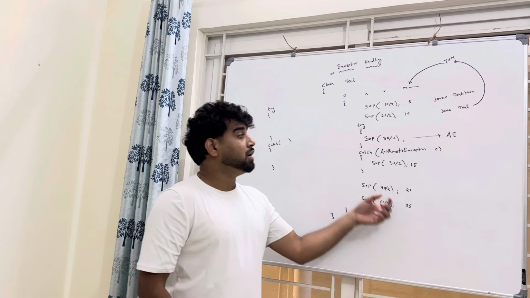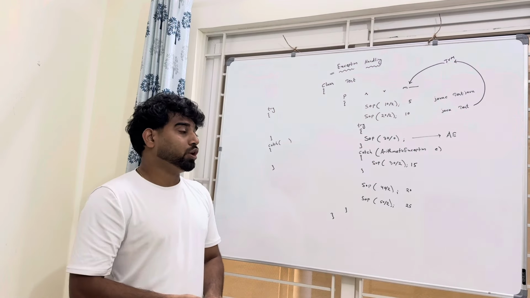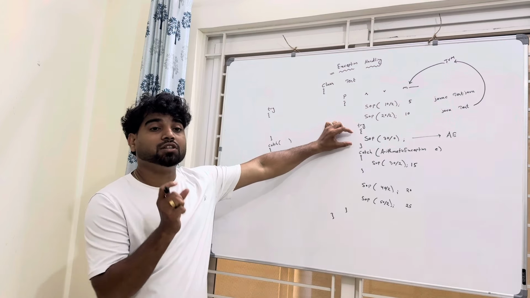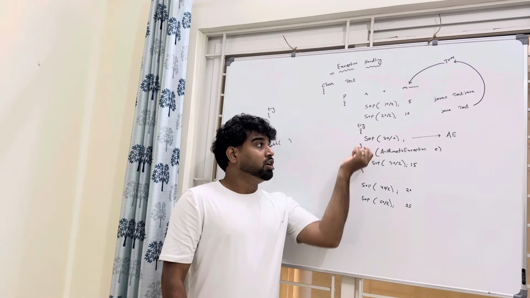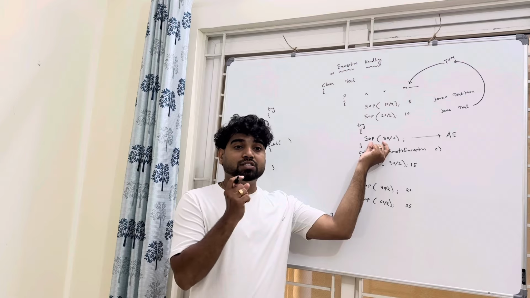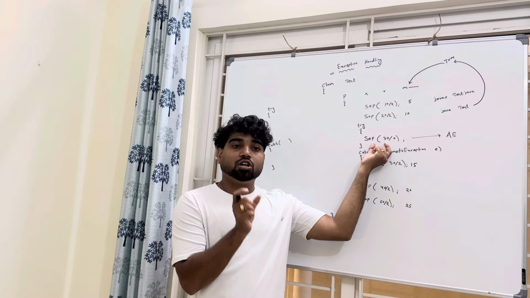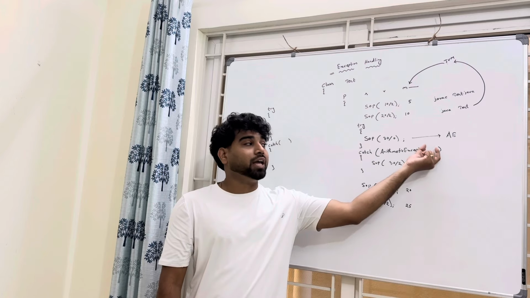So this is how you handle the exception: by using the try and catch block. What do you mean by the try block, and which code do you write inside it? The risky code. What do you mean by risky code? The piece of code because of which you are facing the exception.